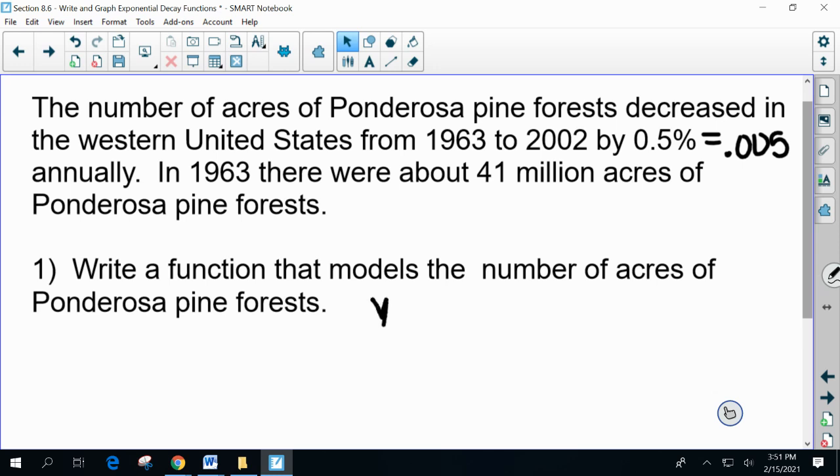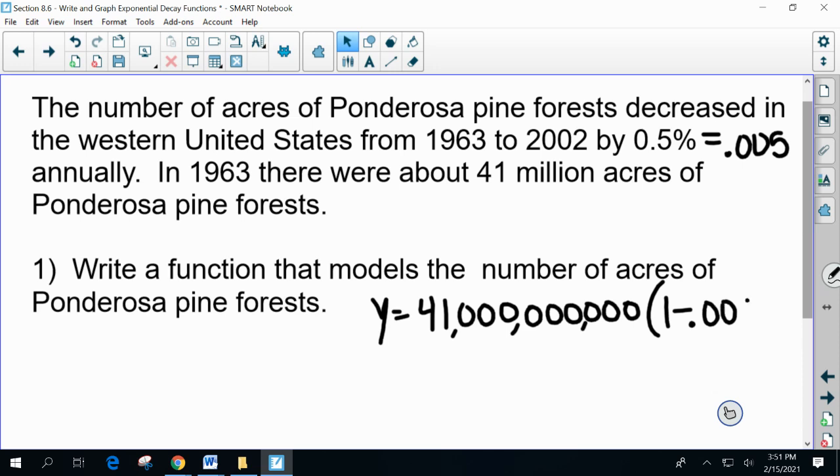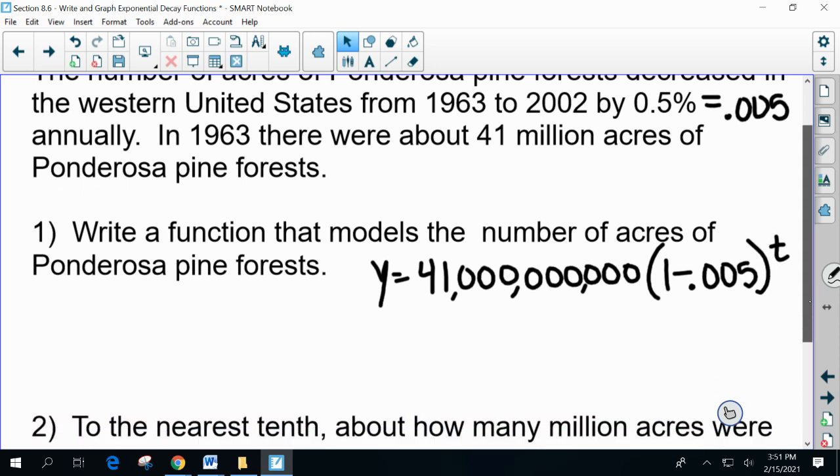And we're starting with 41 million. And we have 1 minus 0.005 to the t power for time.